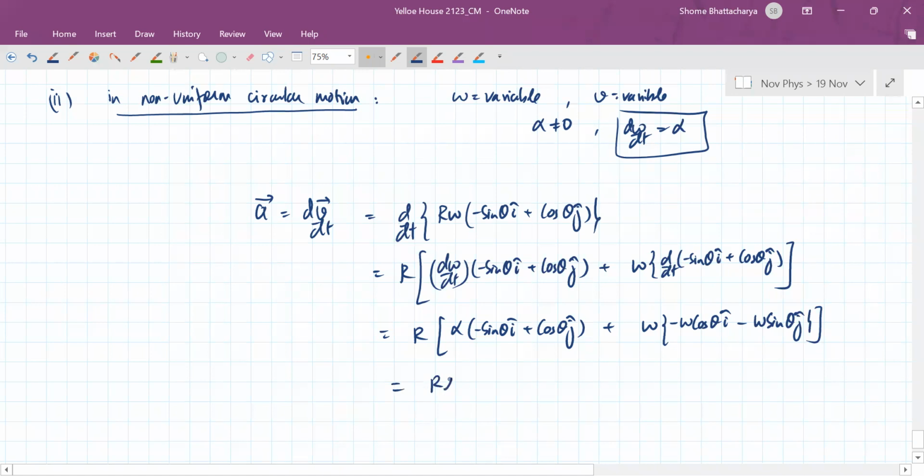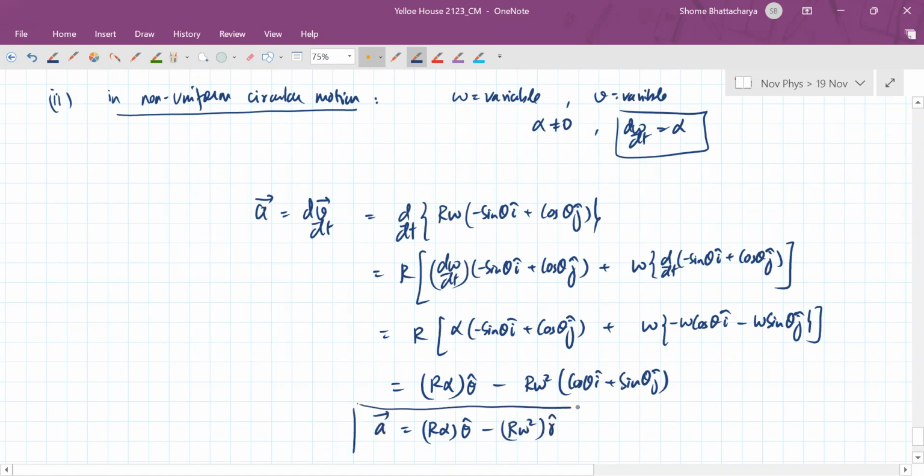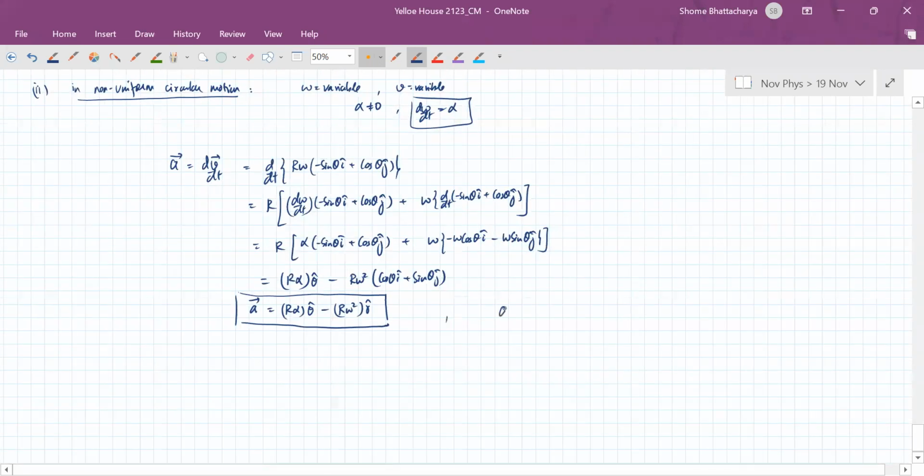So this becomes r alpha theta cap minus r omega square cos theta i cap plus sine theta j cap, which is r alpha theta cap minus r omega square r cap. So you can see the acceleration vector has two components now, one along theta cap and one along minus r cap. So the one along theta cap is called the tangential acceleration, or the tangential component of acceleration.